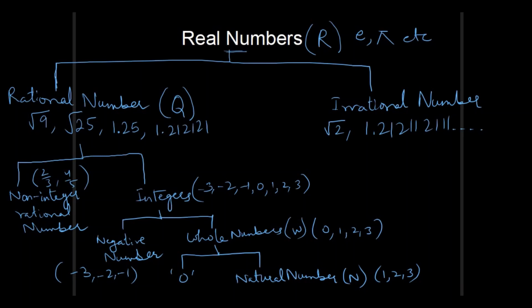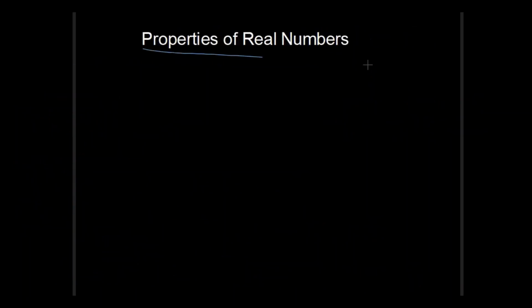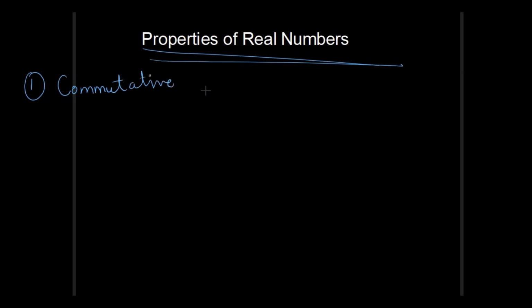Next we will see what are the various properties that apply to these real numbers. The first is the commutative property. Real numbers satisfy the commutative property. We'll see under what condition.